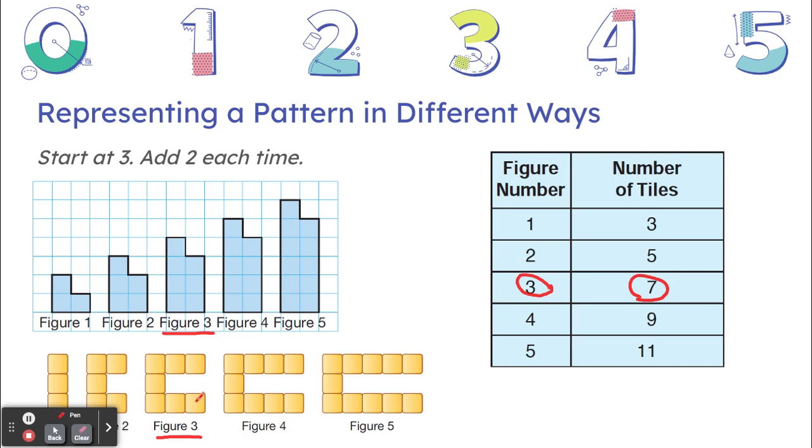So let's count. 1, 2, 3, 4, 5, 6, 7 in the pattern made with the integer tiles. So that checks out. And let's look at our graph paper pattern. 1, 2, 3, 4, 5, 6, 7. That also checks out. So indeed, this table of values does represent both patterns.